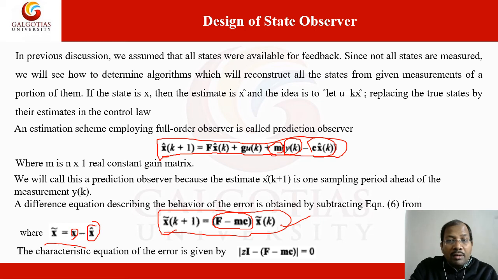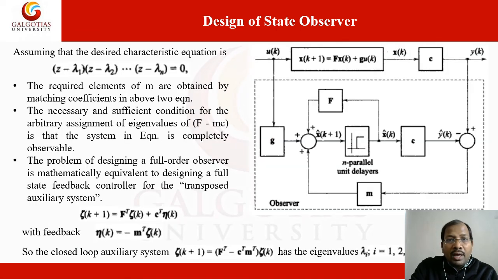This means the controller is designed using the system matrix and input matrix, and the observer is designed using the system matrix and output matrix C. Here we have to calculate the observer gain M, with the same process. We calculate the characteristic equation, choose the desired pole locations, compute the desired characteristic equation, and compare coefficients. The design process of K and M is the same.